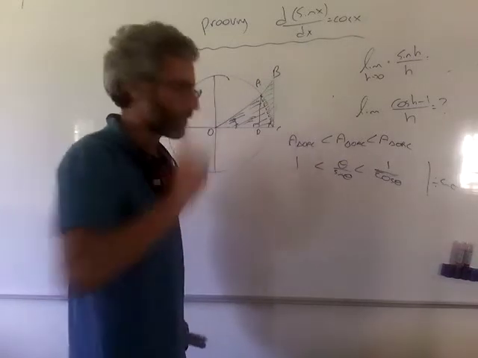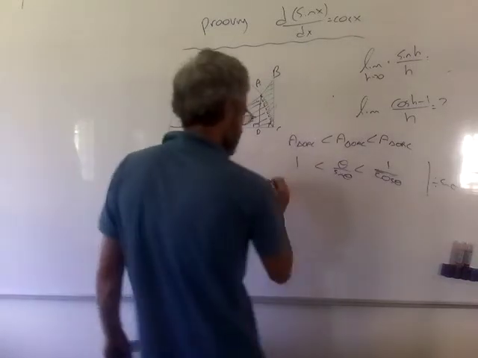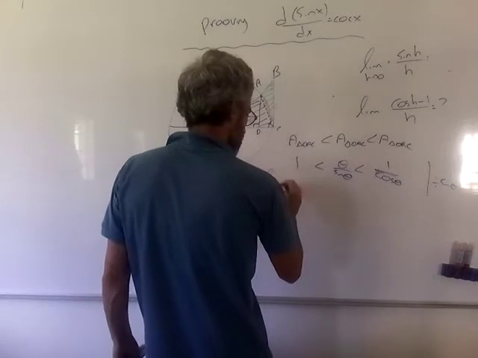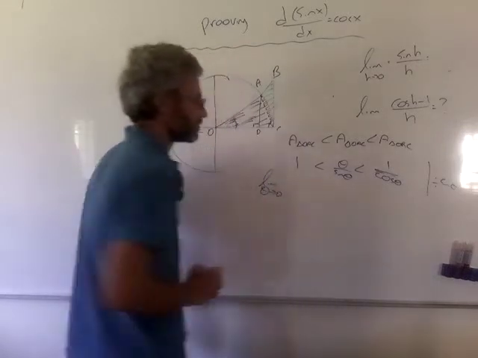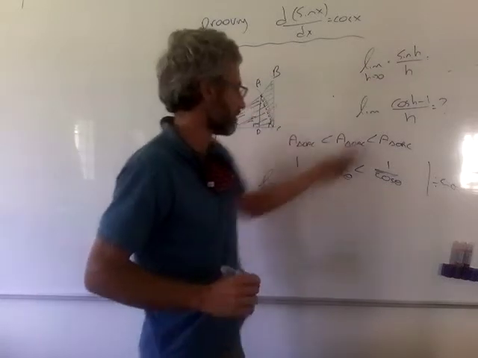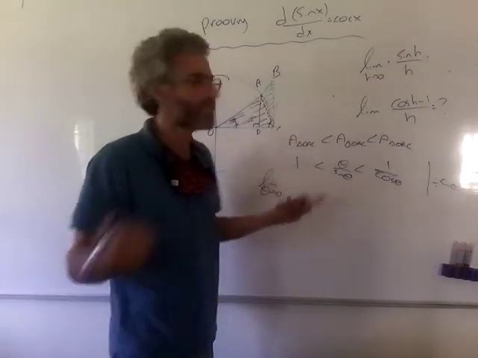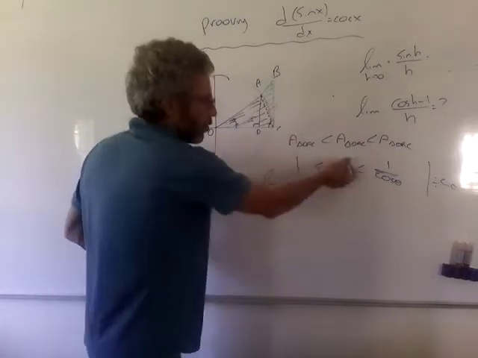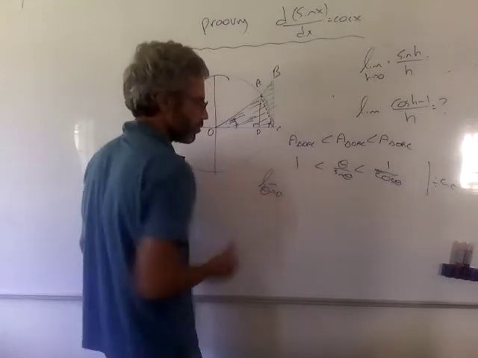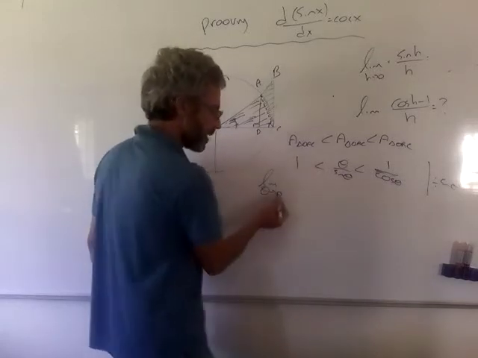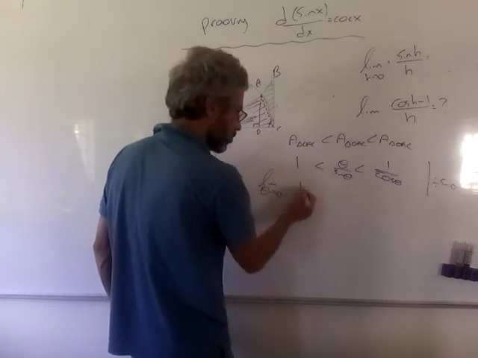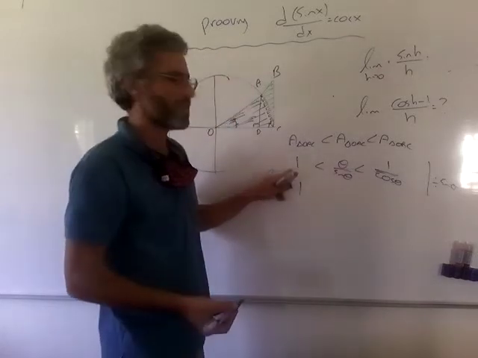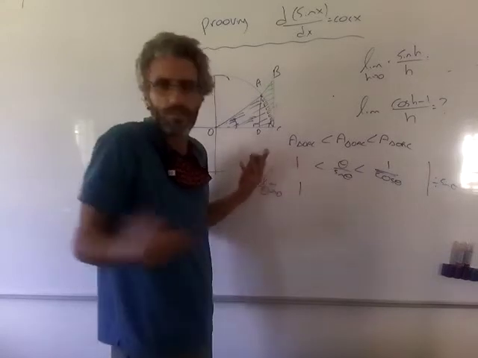Now comes the punchline. If I then take the limit where theta approaches 0, here I used h, here I use theta, but it's the same thing. I can call all that h, it doesn't matter. We'll stick with theta. If I write the limit as theta approaches 0, I'm going to see that 1, well, the limit as theta approaches 0 of 1 is always 1.